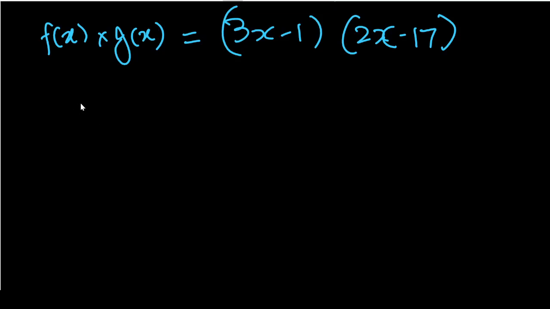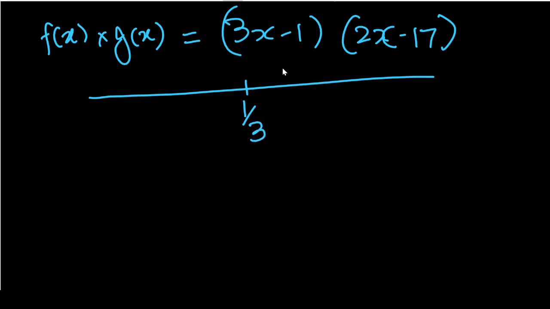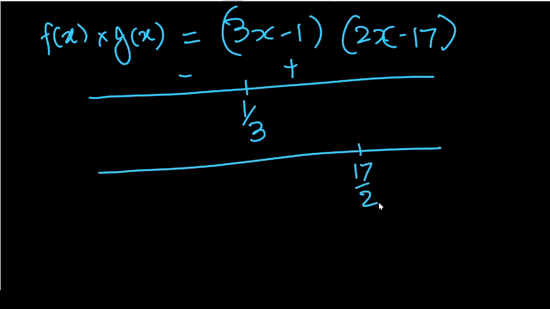I will plot for 3x minus 1, we know 1 by 3, it gives plus and minus. And for x equals 17 by 2, for 2x minus 17, this is what we did, plus and minus.